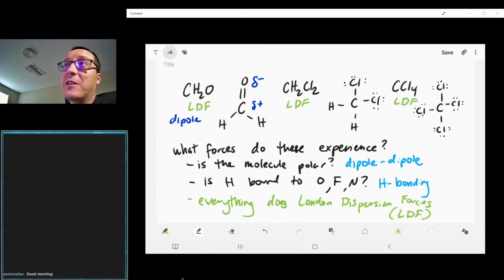And we do not have any of that here. The oxygen is not connected with the hydrogen, so there will not be any hydrogen bonding for this molecule. It can accept hydrogen bonds from other molecules, but it cannot do it by itself. So we're just going to leave it with London and dipole forces.